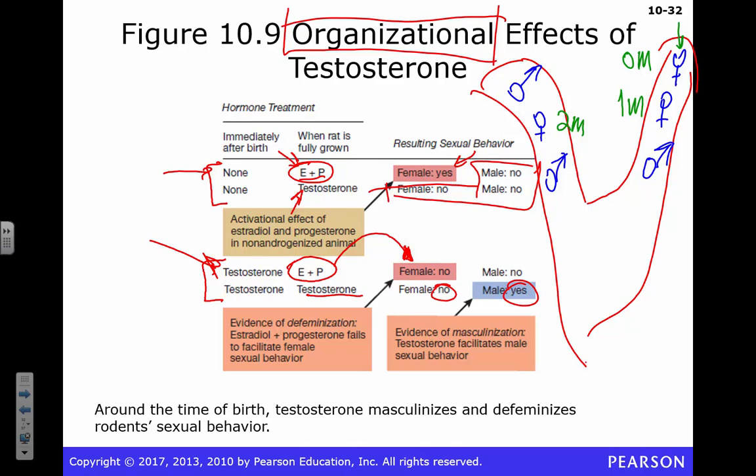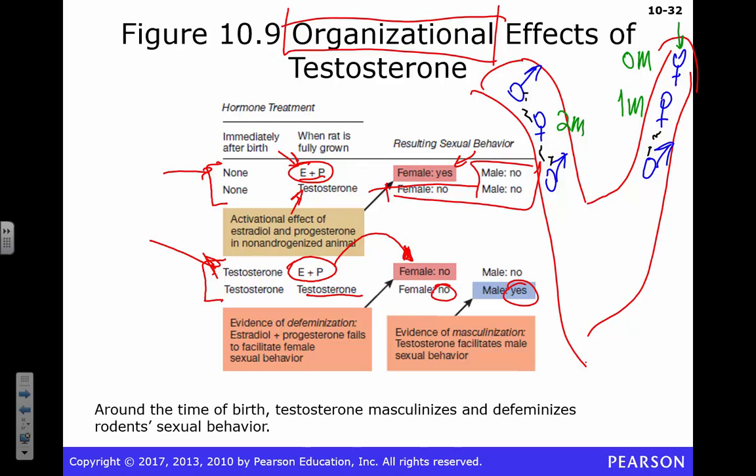Obviously, there is some testosterone coming off of these guys that diffuses over. Depending on how many males you have next to you will determine how much testosterone you're exposed to in the uterus. They've done this, I think, in rats, mice, maybe even guinea pigs and gerbils. It all seems to be the same story.